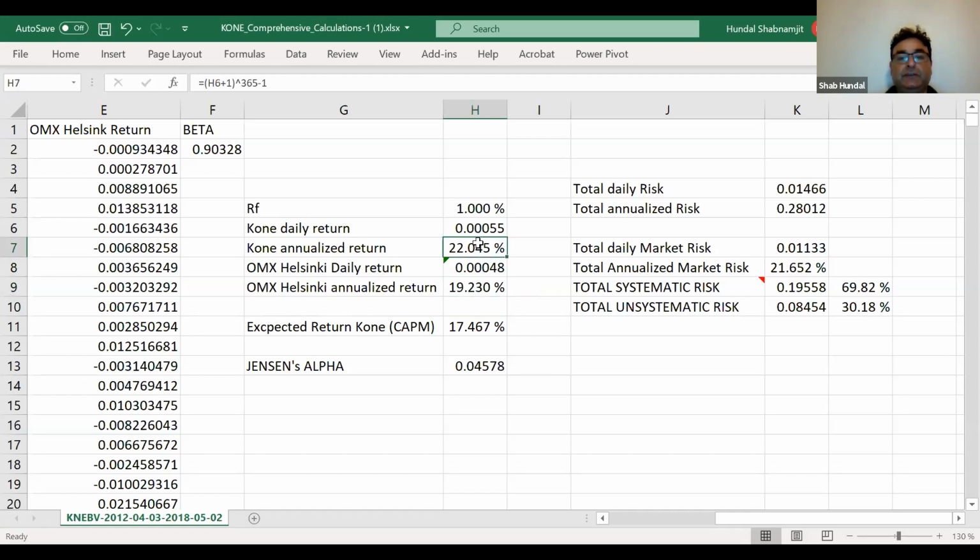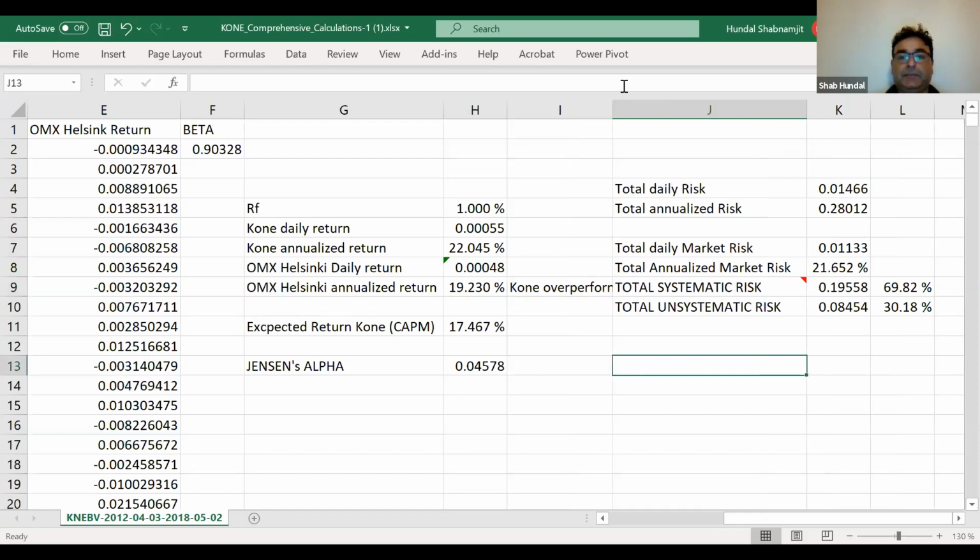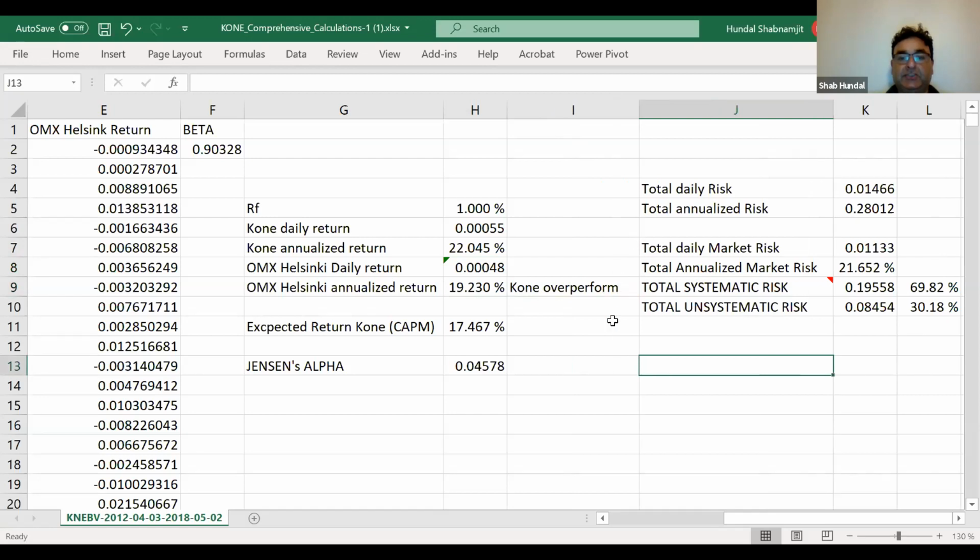But the question is, how much was I expecting from Kone, regardless of the market? So when I compare this and this, Kone has overperformed. But then I compared Kone with the external benchmark, which is the market.